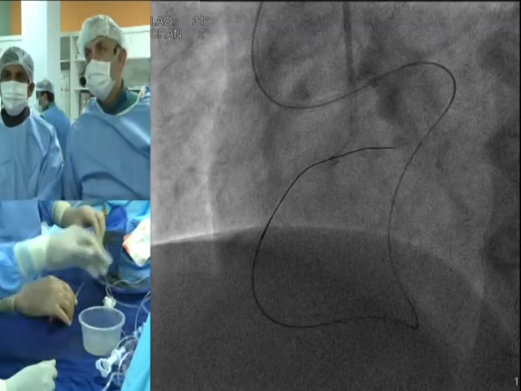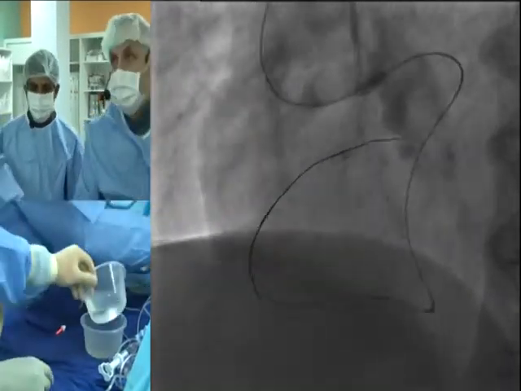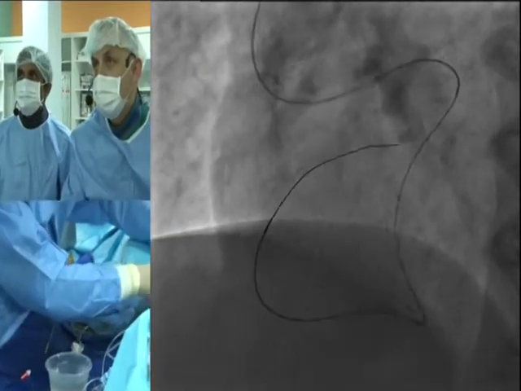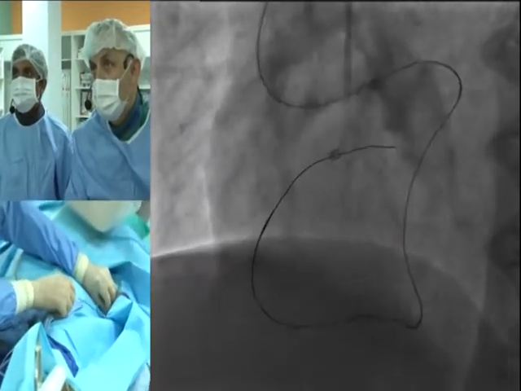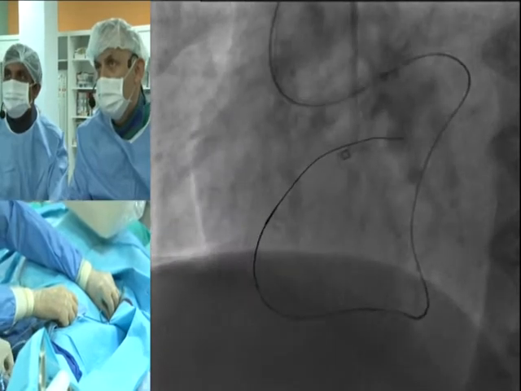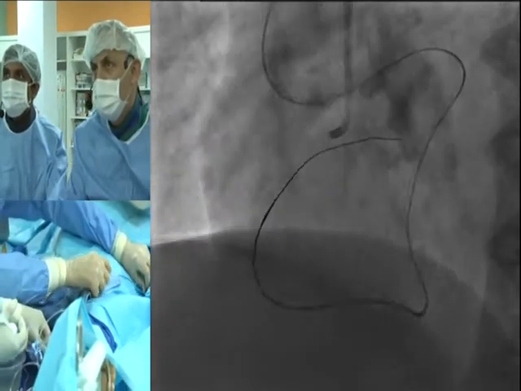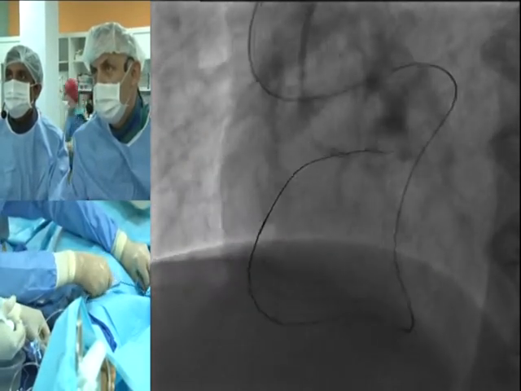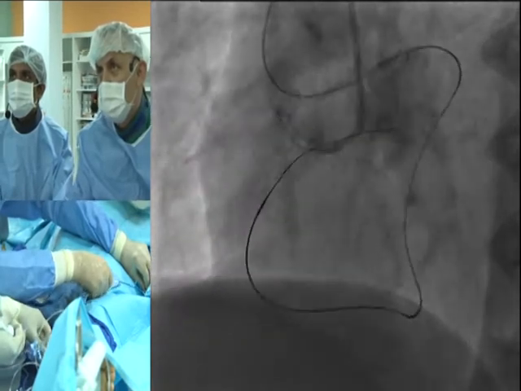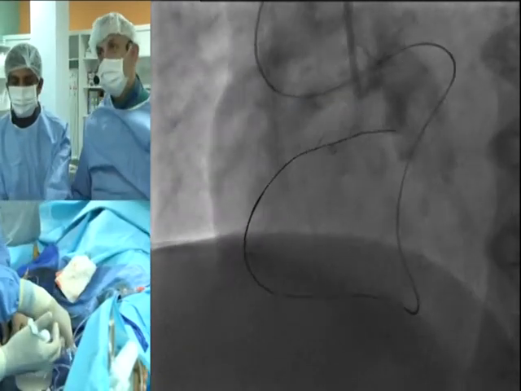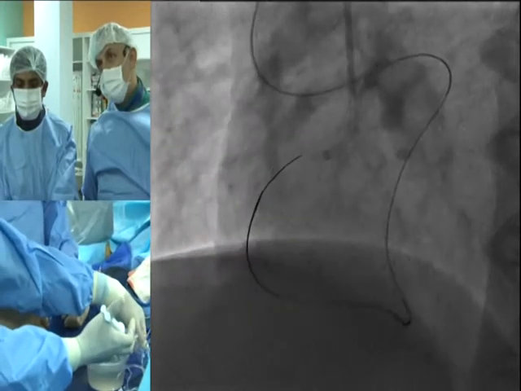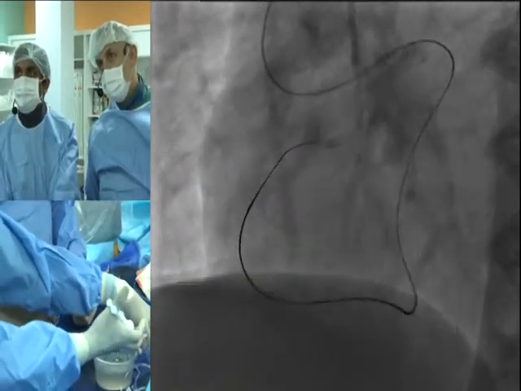Then I try to engage my wire again. Test, please. Okay, but actually it's aorta, but it's out of the vessel.